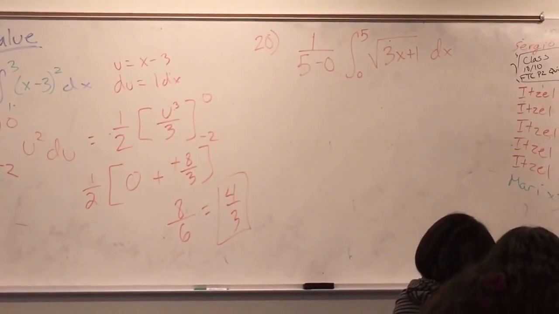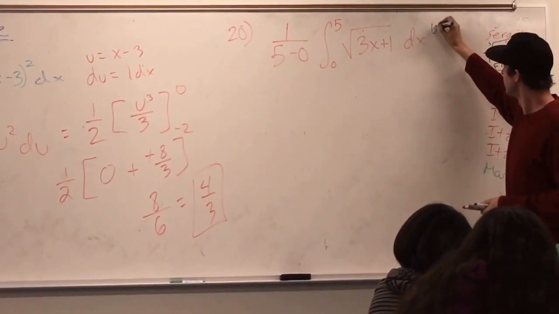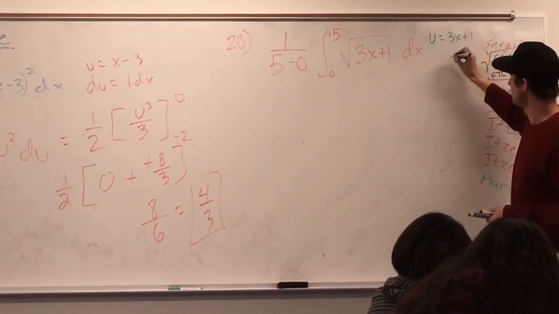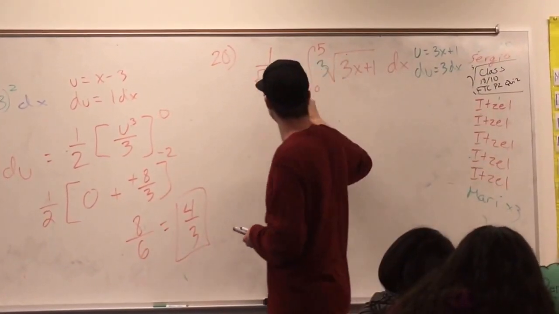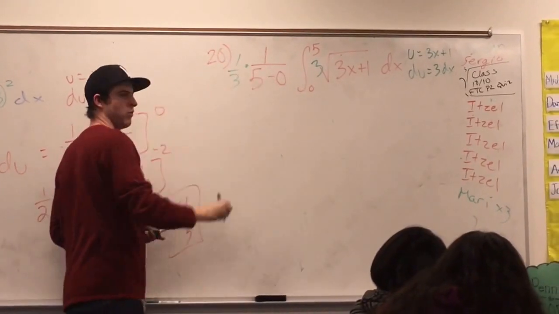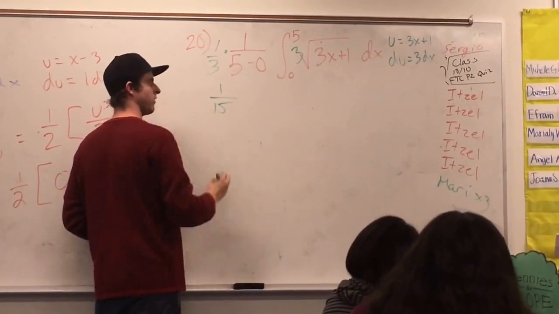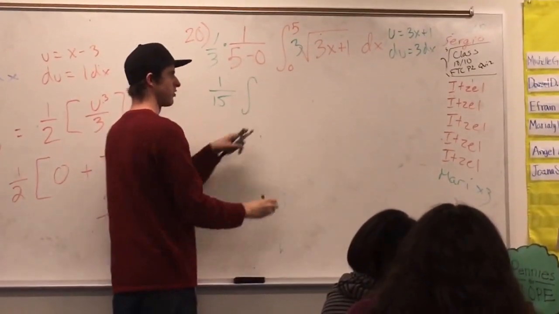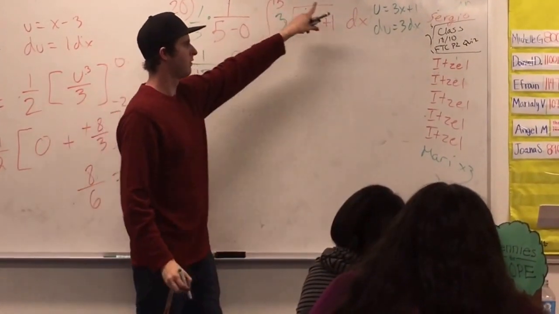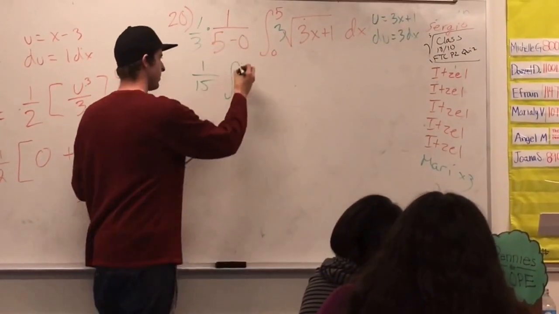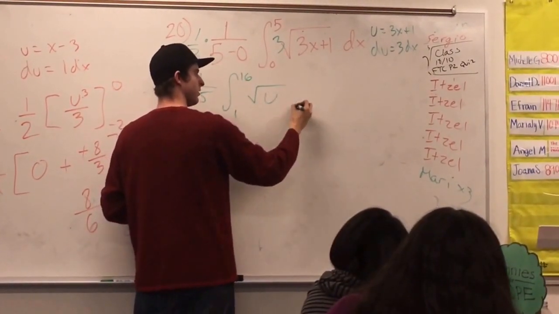This one also needed a u substitution, but it's a little trickier. u is 3x plus 1, du is 3 dx. I put the 3 inside, that means I have to put a 1/3 outside. 1/3 times 1/5 is 1 over 15. Integral, change my endpoints: 0 plus 1 is 1, 15 plus 1 is 16, of the square root of u du.